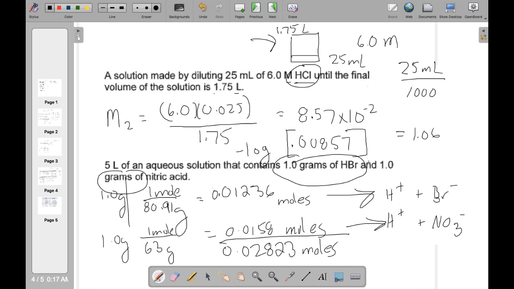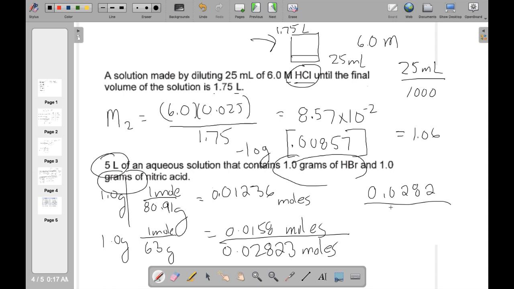So I have 0.02823 moles of basically these hydrogen ions in here. Well, I need to know the total concentration. So molarity is going to be moles per liter. Well, I have that many moles, 0.0282, of solute. How much solution do I have? I have 5 liters.